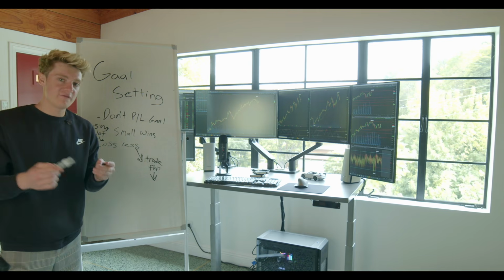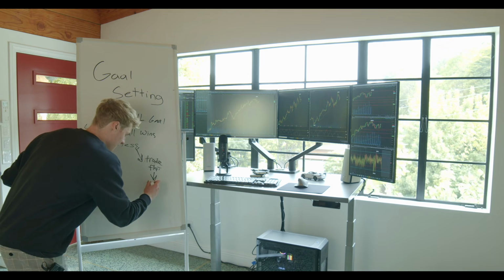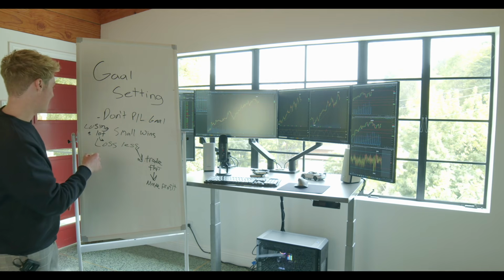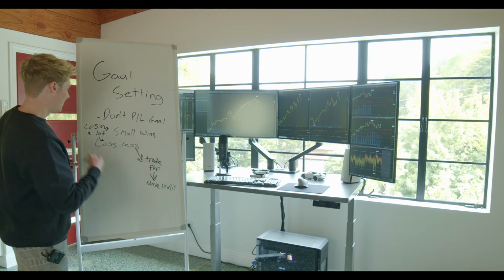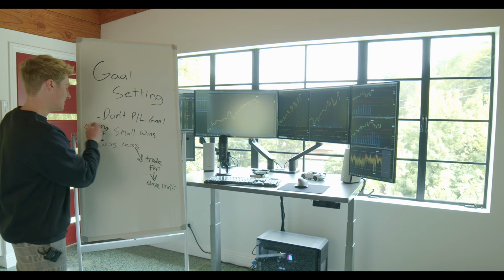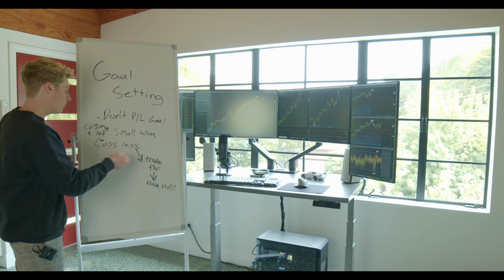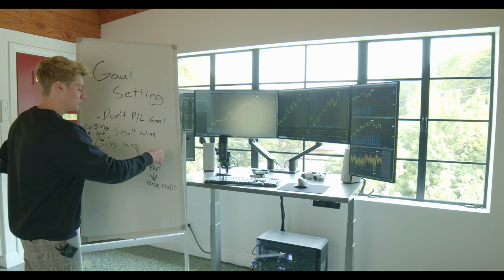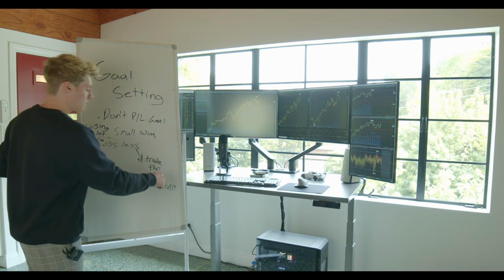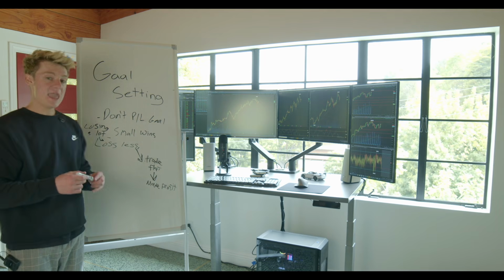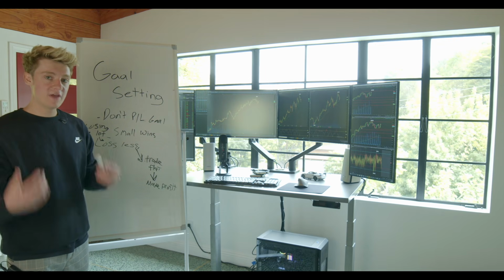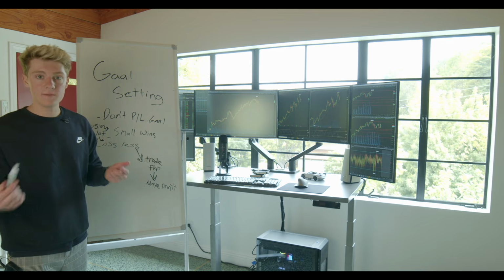We're going to make profit. I don't know how this got so messy, but write this down, okay? You're losing a lot, and then the goal is to lose less, and then to trade flat, and then to make profit.